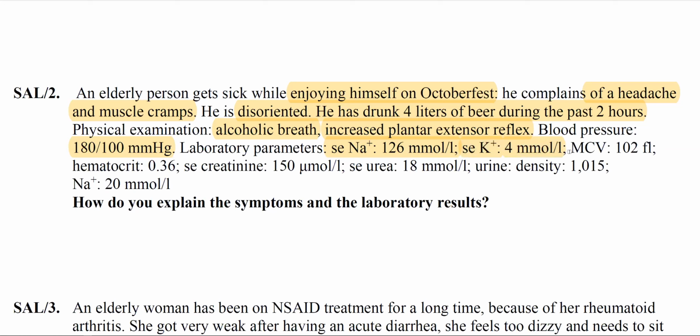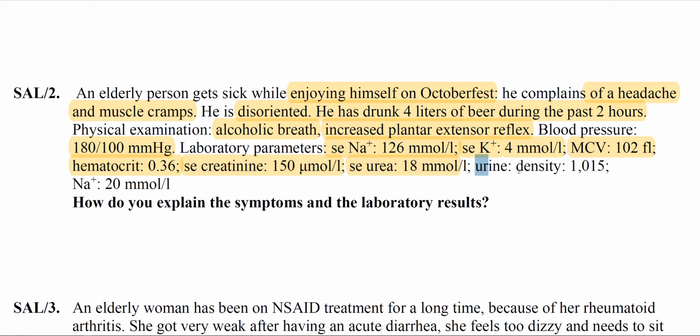Normal. And the MCV is increased, because normally it is about 80 to 90 femtoliters. Hematocrit is a little bit decreased, not too much, but it's decreased for a man. It should be about 0.4 to 0.45. Creatinine is increased. Urea is increased.